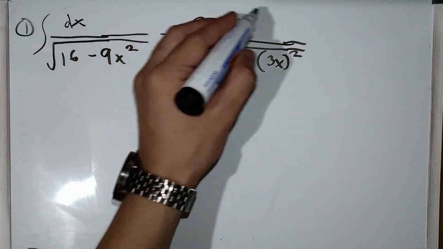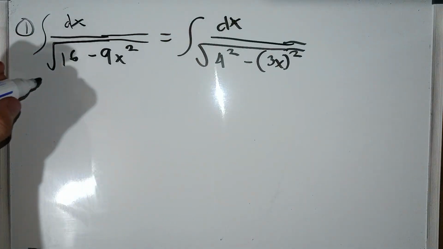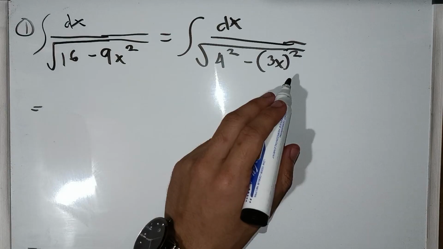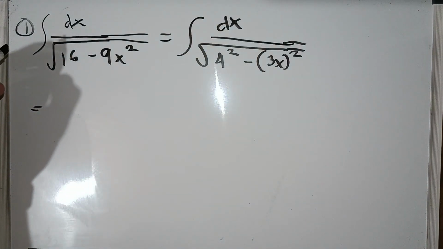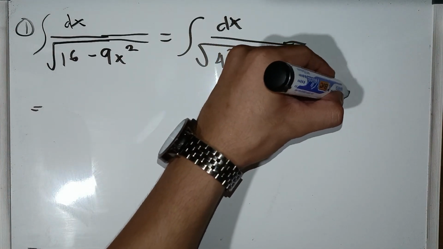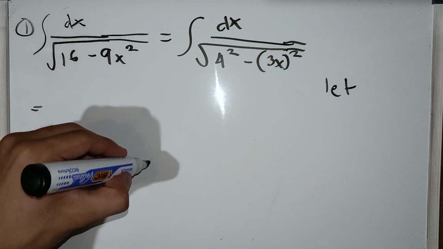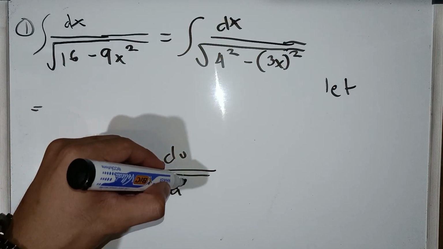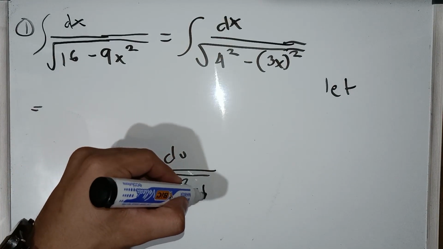So what are we going to do next? Let's get the derivative of our u. Since this is our u, let's use the formula first: the integral of du over the square root of a squared minus u squared.